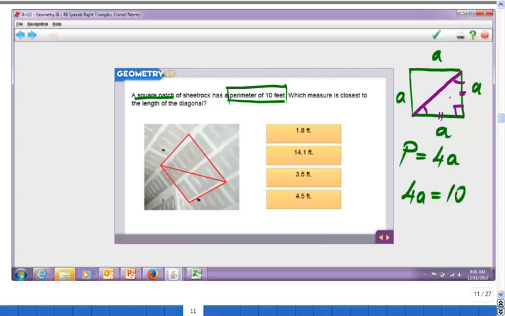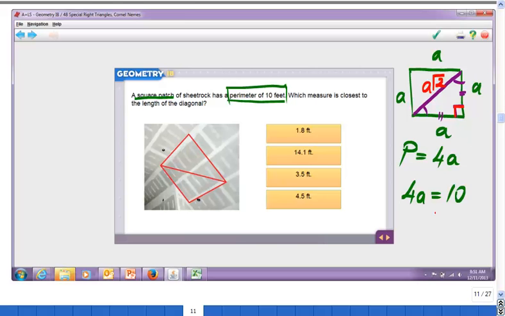And in a right isosceles triangle, one of our special right triangles, your diagonal here from the square is nothing else but the hypotenuse in that special right triangle, which hypotenuse is always side square root 2. Okay, so your hypotenuse in a 45, 45, 90 triangle is always side square root 2.